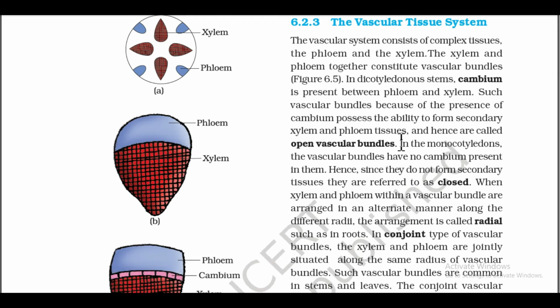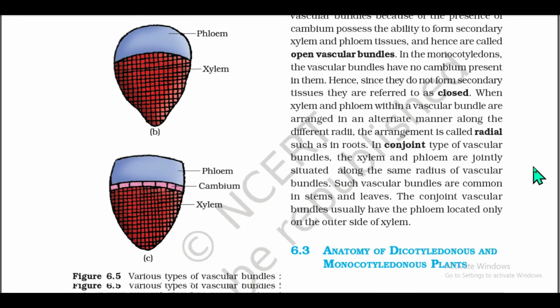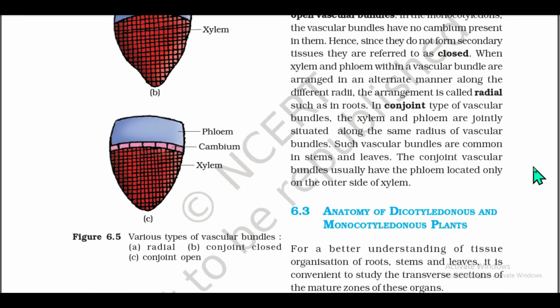In the monocotyledons, the vascular bundles have no cambium present in them. Hence, since they do not form secondary tissues, they are referred to as closed. When xylem and phloem within a vascular bundle are arranged in an alternate manner along different radii, the arrangement is called radial, such as in roots.